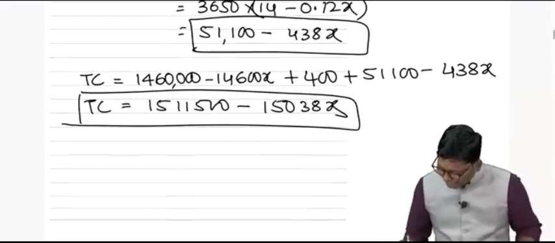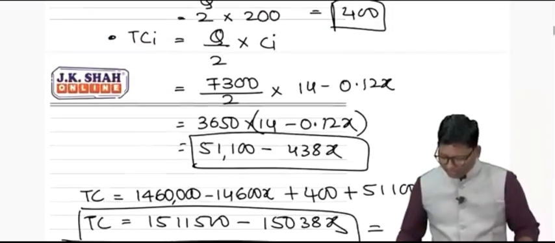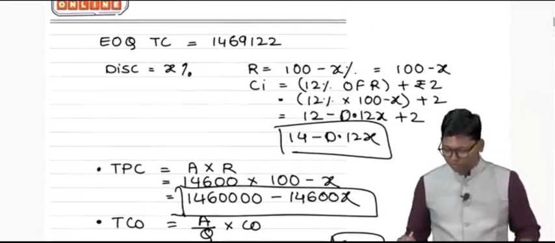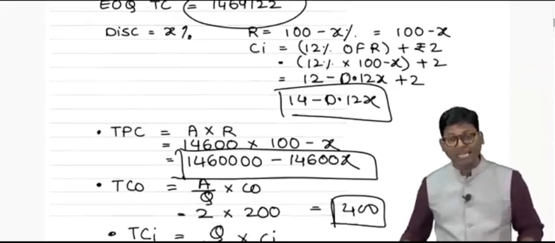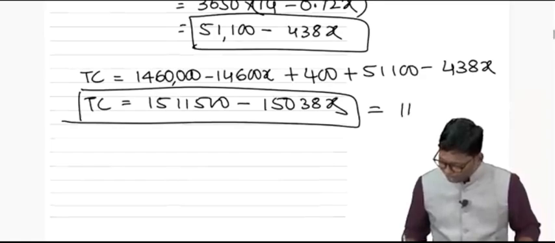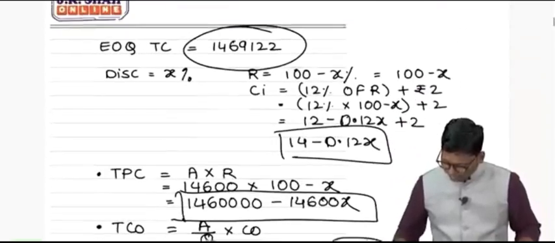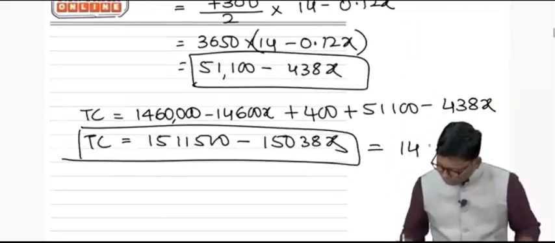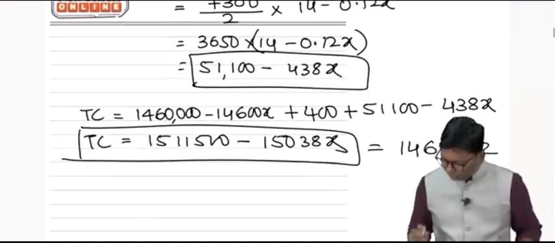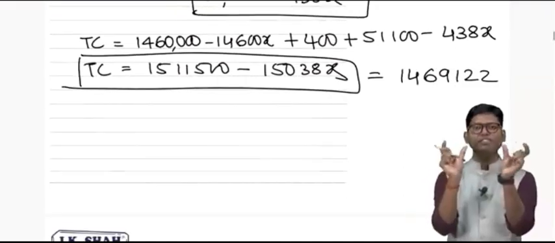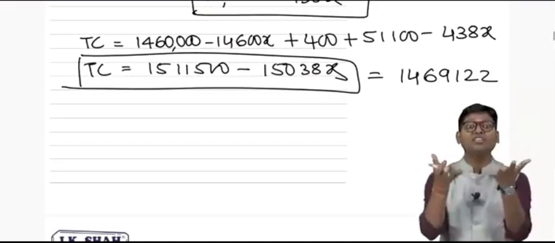Now, when you simultaneously solve this or compare this with the EOQ's cost, your EOQ's cost was 14,69,122. Meaning by following EOQ, the entire purchasing cost is 14,69,122, so the difference between these two values should be asked for as the discount, no?